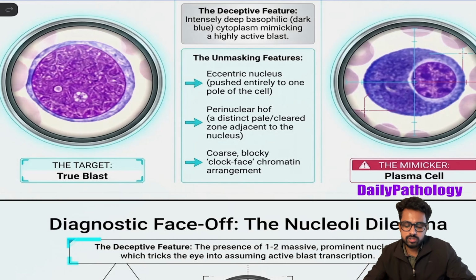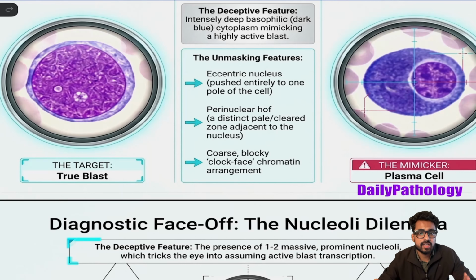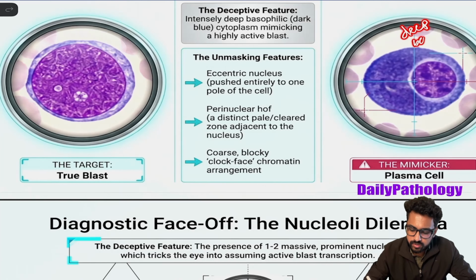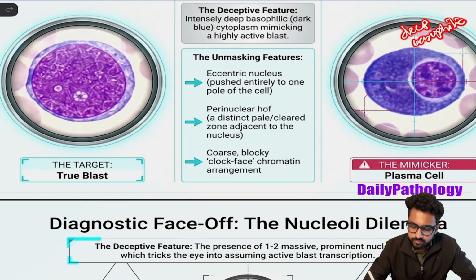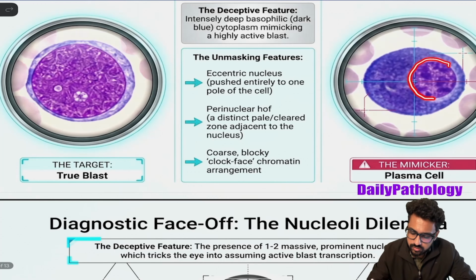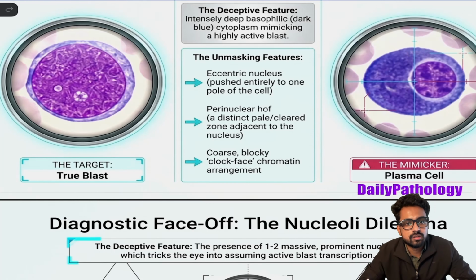The deceptive feature is that both have intensely deep basophilic cytoplasm, that is dark blue cytoplasm, mimicking a highly active blast. So here you can see it has a deep basophilic cytoplasm. The unmasking features: first, an eccentric nucleus. The nucleus of the plasma cell is away from the center, so that is one clue.